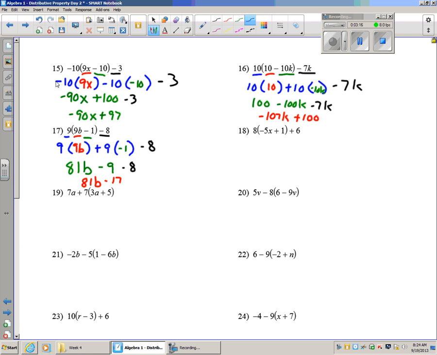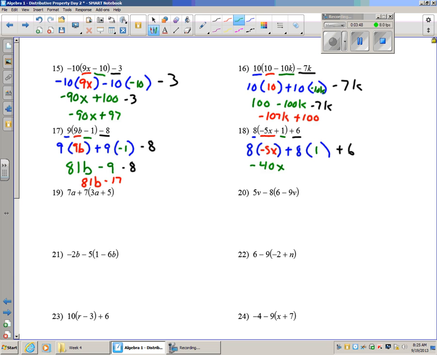Number 18, you have 8 that's being distributed to two different things. And you have the positive 6 that just drops down. The first term is negative 5x. The second term is positive 1. 8 times negative 5x gives you negative 40x.